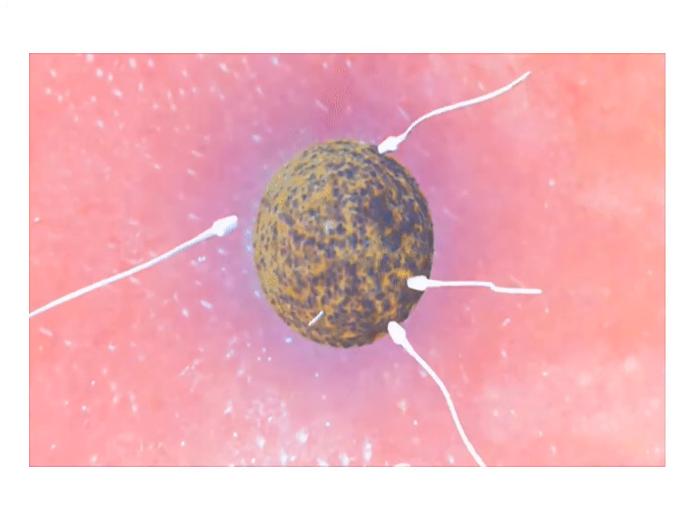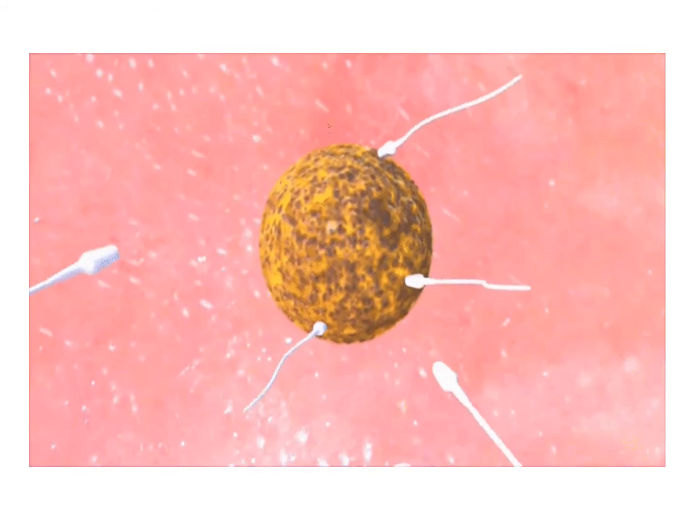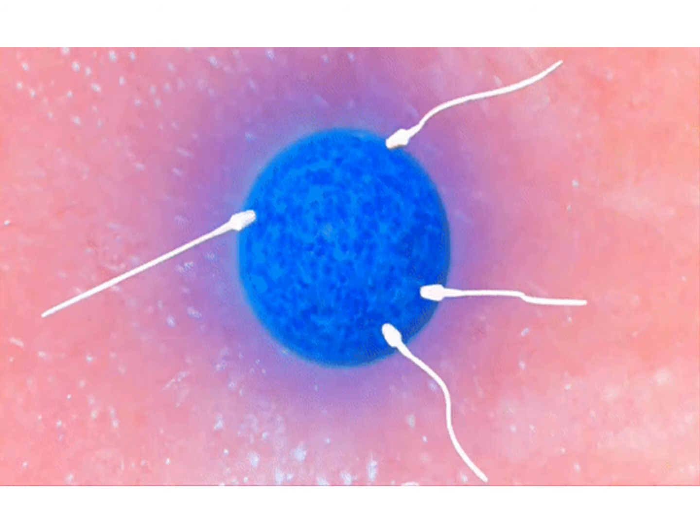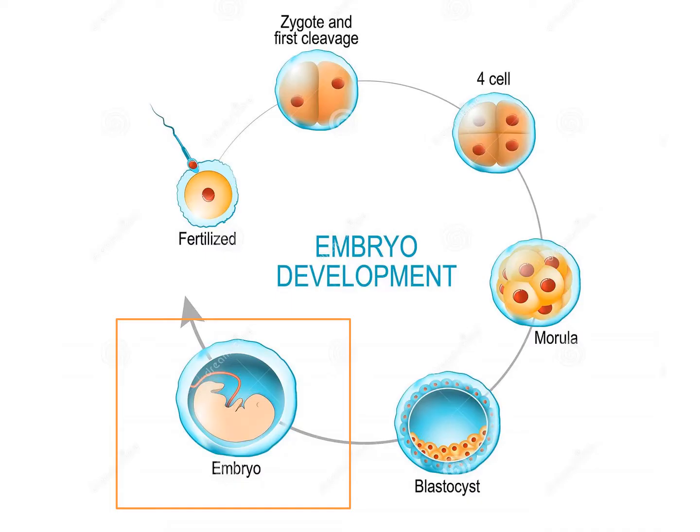So as we can see here, only one is entering the egg. Once the sperm has entered into the egg, the coat of the egg becomes hard such that it cannot have any other sperm entering after that. Once this egg has got fertilized, it undergoes a lot of cleavages and divisions.